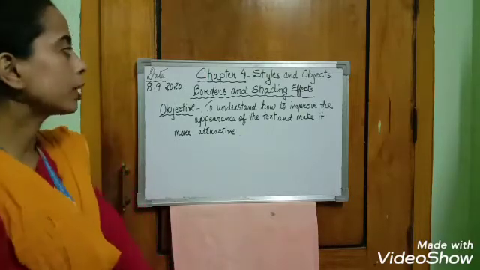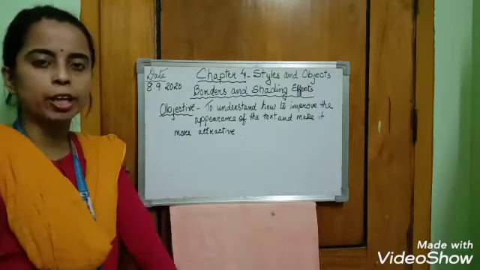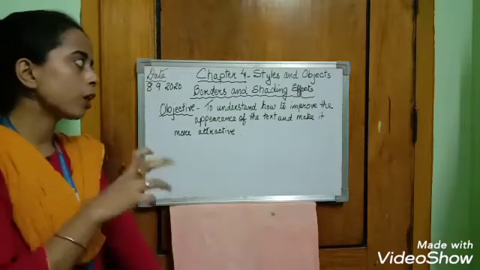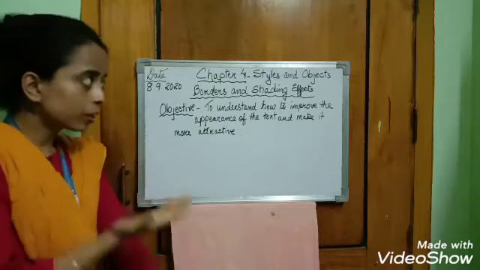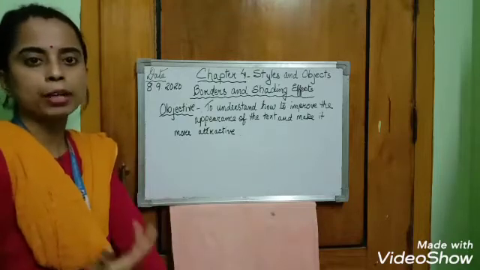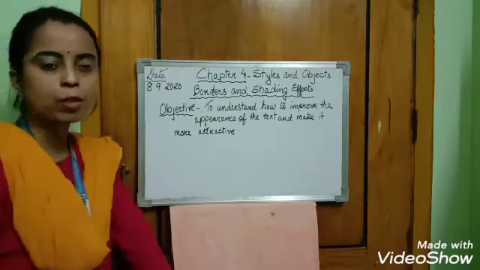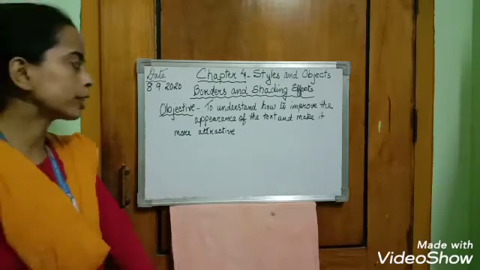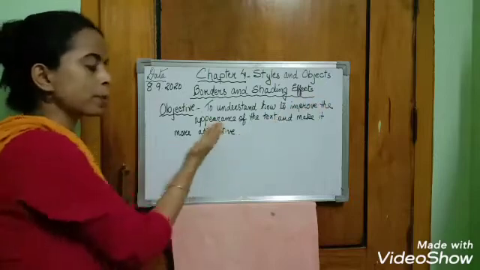Alright, children. In today's class, our next topic is about border and shading effects. How to apply border and shading effects in our Microsoft Word document, that is what I'm going to discuss with you. And the objective is to understand how to improve the appearance.